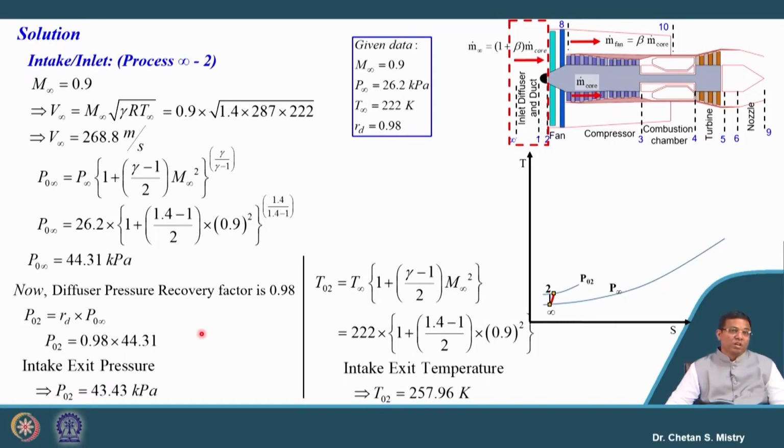Maybe your nozzle in actual condition is choked, while in your calculation it may come out unchoked. So, the thrust calculation you will be doing will also go wrong, thrust specific fuel consumption will also go wrong, and your efficiency values will also go wrong. So, be careful when you are doing your calculation and look at what parameter is given. Is it diffuser efficiency, diffuser pressure recovery factor, or total pressure ratio? Read the information carefully and do this calculation.